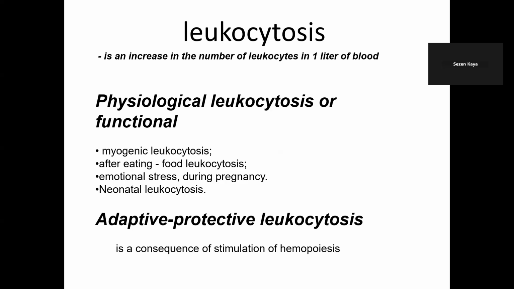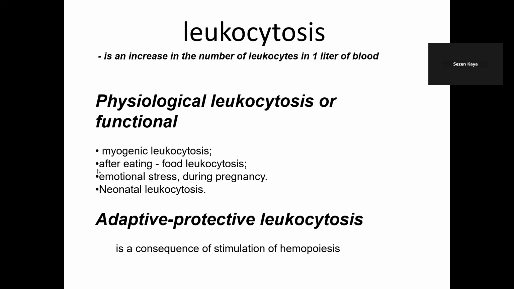The second variant, after eating, is food leukocytosis. That's why, if we are going to take a blood test, we should fast before. We should not eat anything, should not do physical exercise, and should be quiet, so that in our blood we measure the normal, real level of leukocytes.